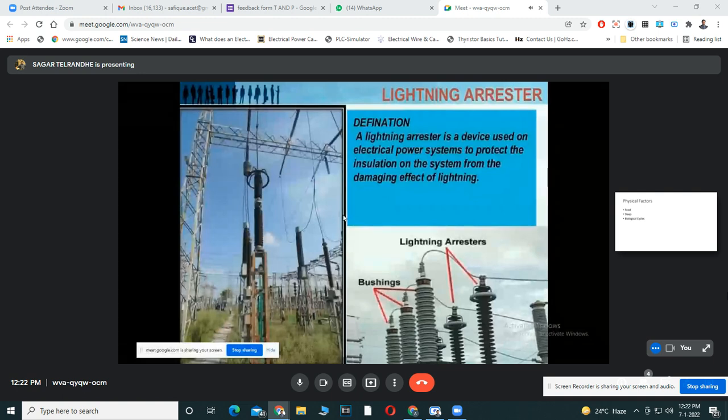Now we have the lightning arrester. A lightning arrester is used in an electrical power system to protect the insulation system from the damaging effect of lightning.